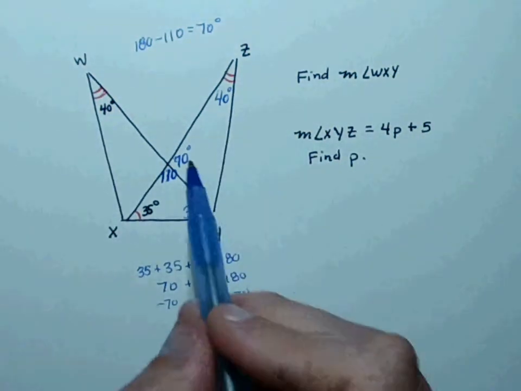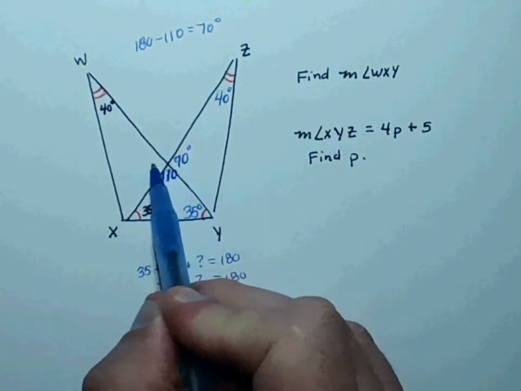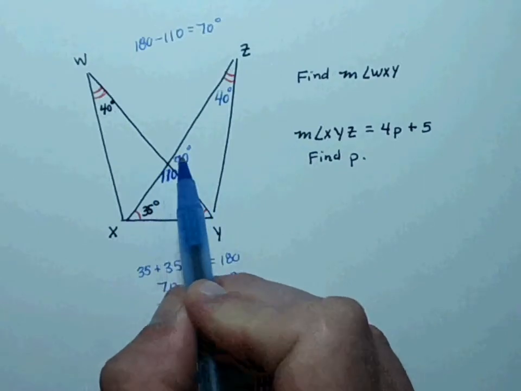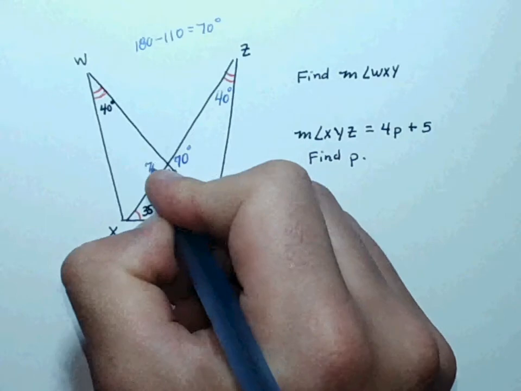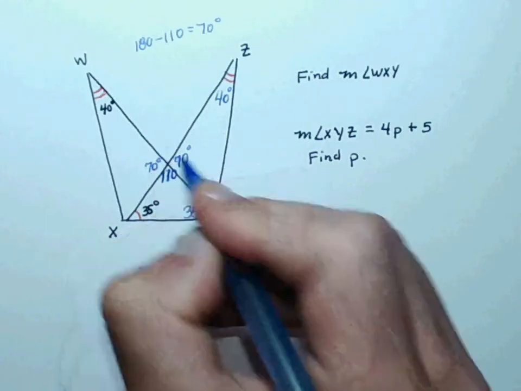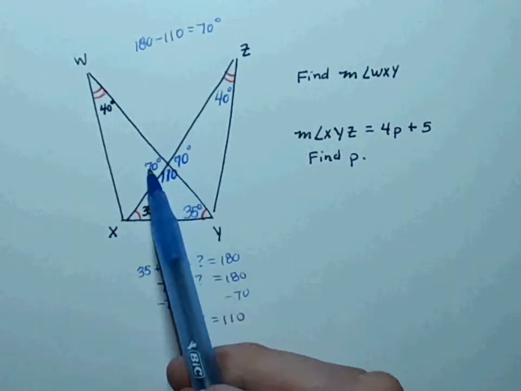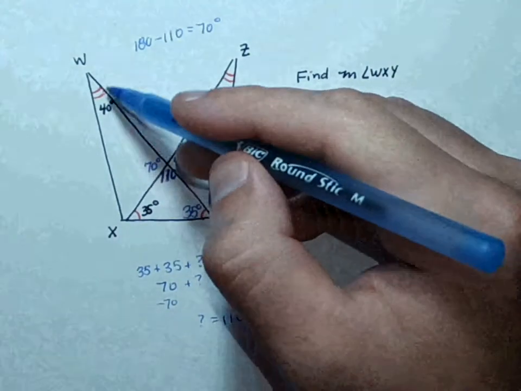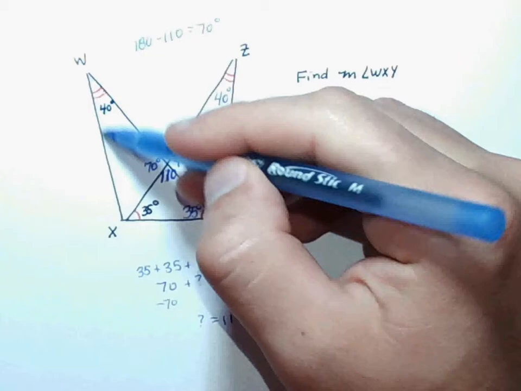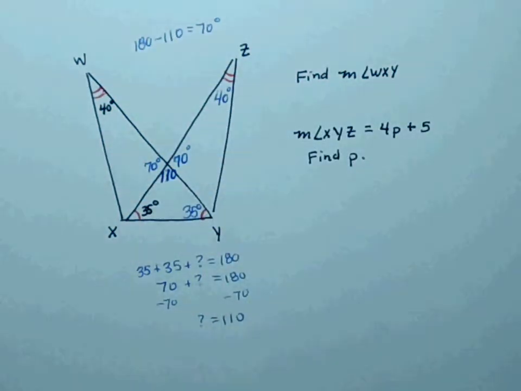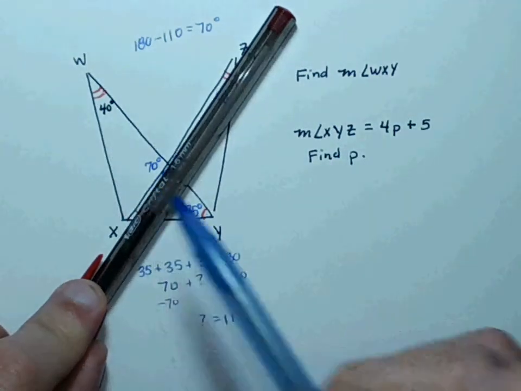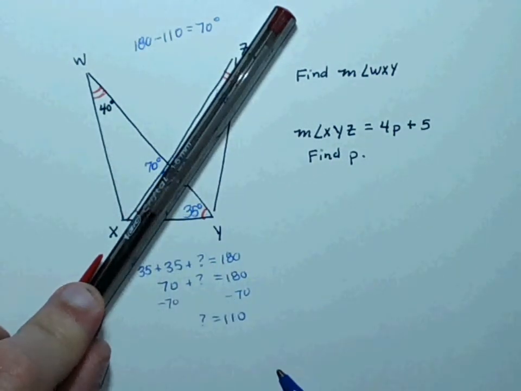Okay? Then, look at our X. We know that these two angles are vertical angles, and vertical angles are congruent. So this angle is 70 degrees, also because these are vertical. Now look, we've got this triangle right here. We're going to forget about these triangles and just look at that one. All triangles add up to 180.